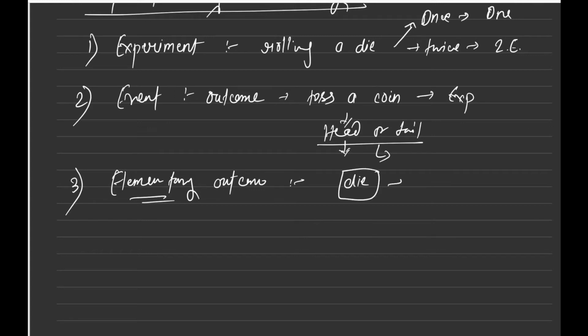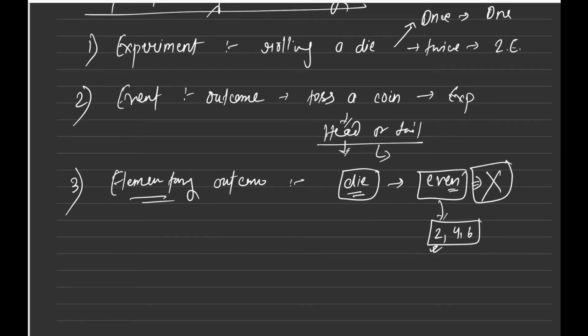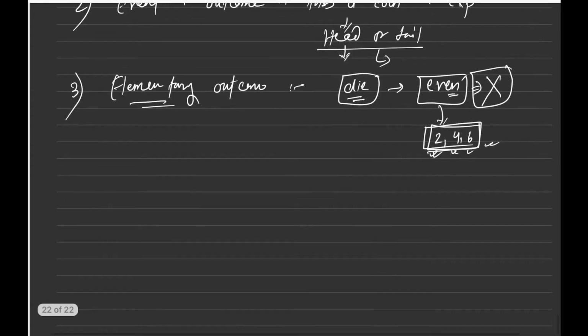But if I say, hey, I roll a die, and what is the probability that I will get an even number? Even numbers will be 2, 4 and 6. So rolling a die and getting an even number is an outcome event, but this is not elementary, because elementary will be getting 2, 4 or 6. This is even numbers, right? So this is called elementary outcome.